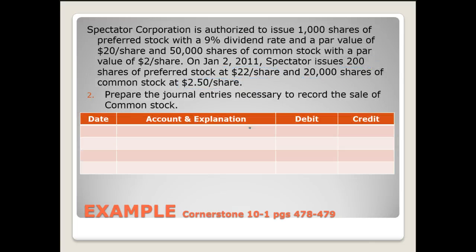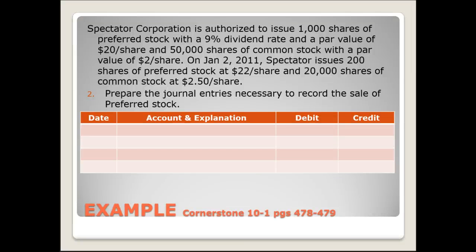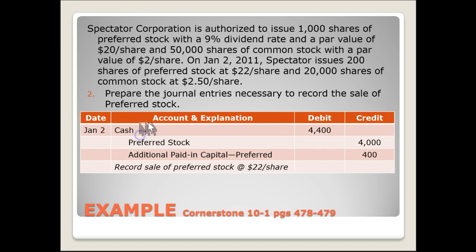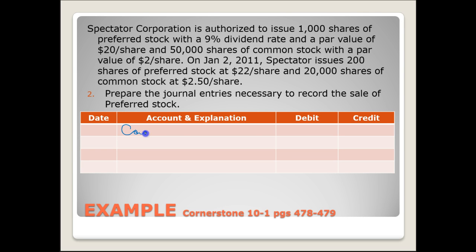Now, second question, what would the journal entry be to record this issuance of stock? Well, let's first look at the preferred stock. Remember, the company received $4,400 in cash from the sale of the preferred stock, so we would deal with cash of $4,400.